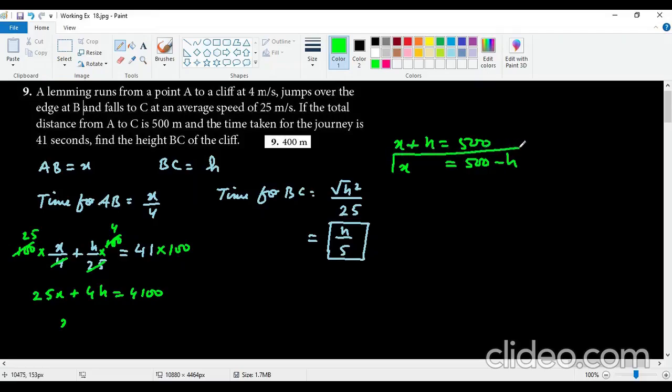I will replace the value of x over here. So this is going to be equal to 25, and in place of x I will write 500 minus h, and again I will write plus 4h equals 4100.